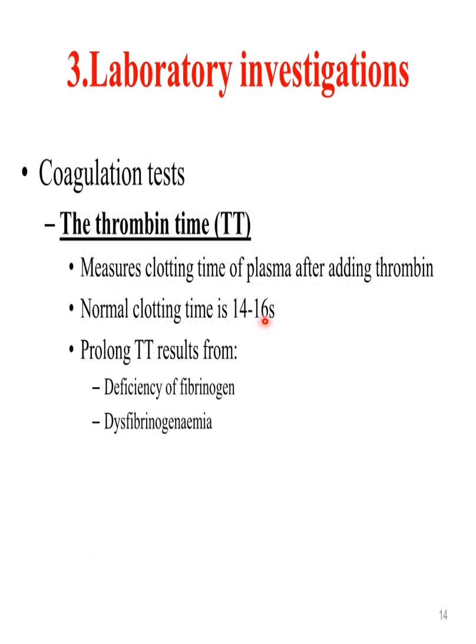The thrombin time basically measures the decrease in the fibrinogen level, and dysfibrinogenemia is diagnosed on the basis of a thrombin time. And the normal clotting time is about 14 to 16 seconds.